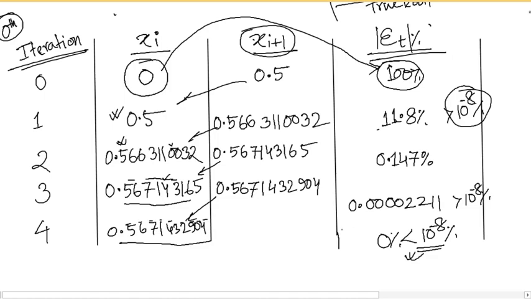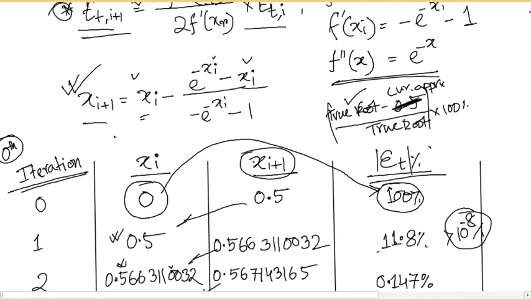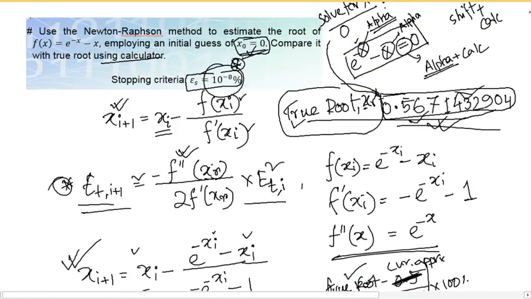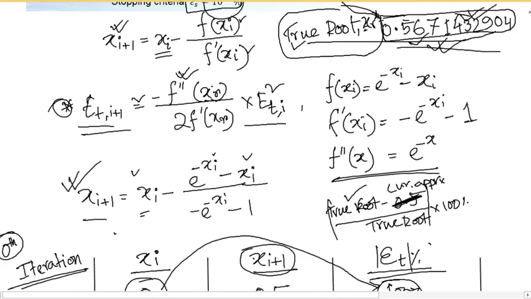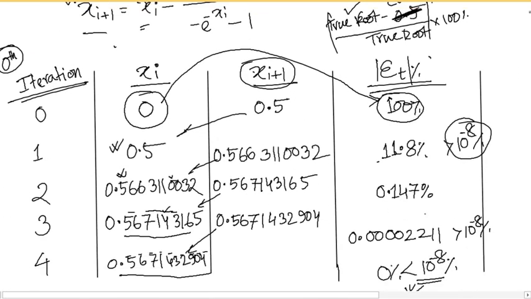But remember one thing, that's why I was asking you to take as many digits as possible. If you don't take as many digits as possible, you may get wrong values at these points. I have seen in your class test as well, you rounded this value to 2 or 3 digits. I have said from the very first class that in numerical methods you have to take as many digits as you can using your calculator.